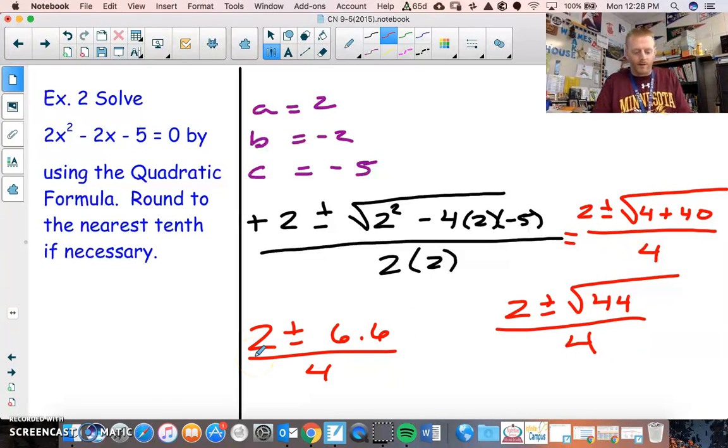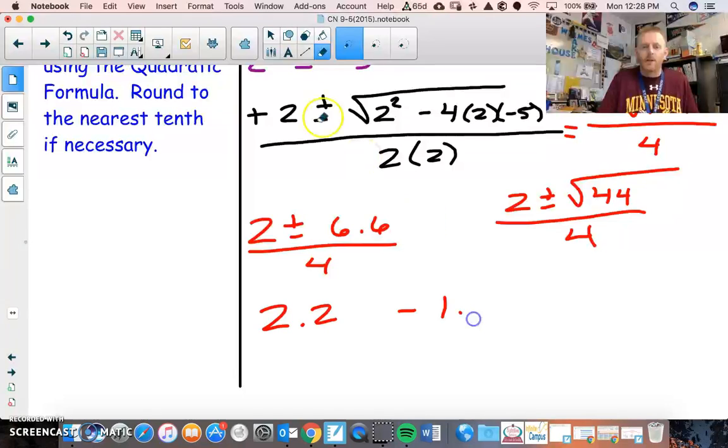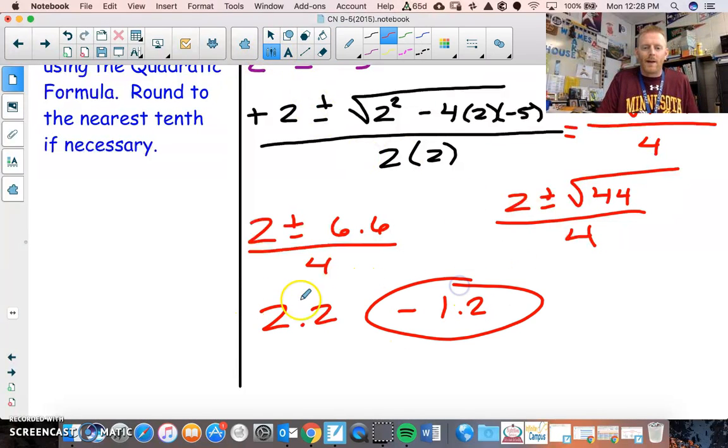So if I type in my calculator 2 plus 6.6 and then divided by 4, I get an answer of 2.2. And if I do 2 minus 6.6 divided by that 4, I get an answer of -1.15 or -1.2. So those are my two answers then for my x value, and they tell me exactly where things cross.